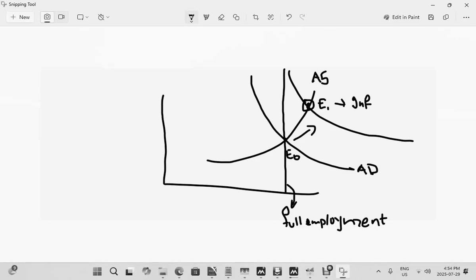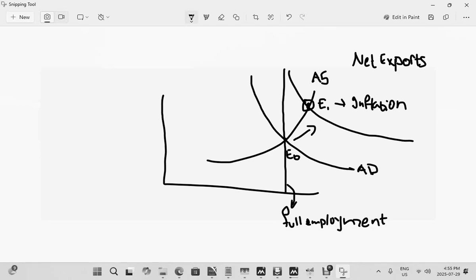And not only do you have inflation, but you also have a reduction in net exports. What I mean by net exports is your exports take away imports. The reason for this is that as aggregate demand goes up, the consumers are not able to get the supply they want.